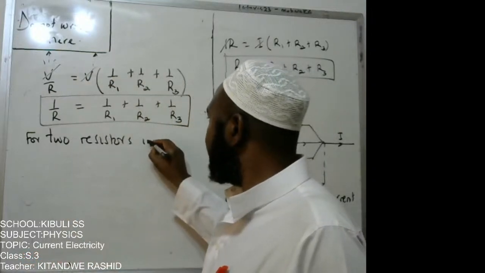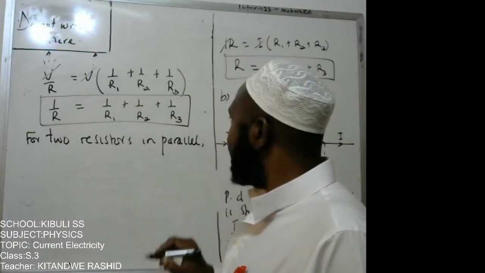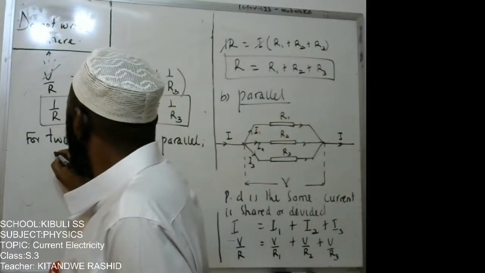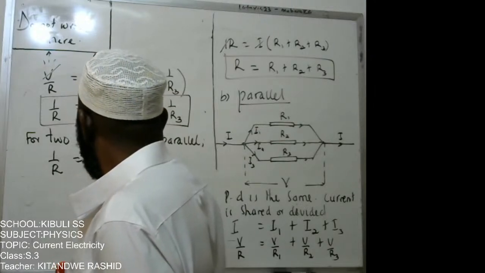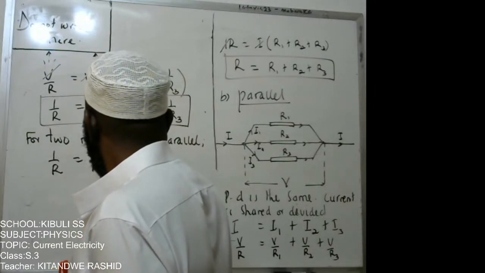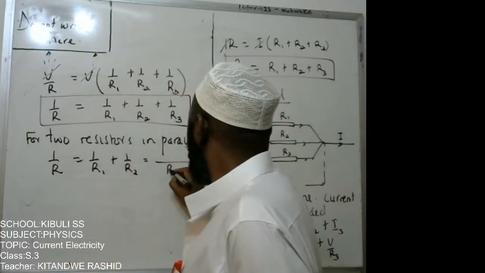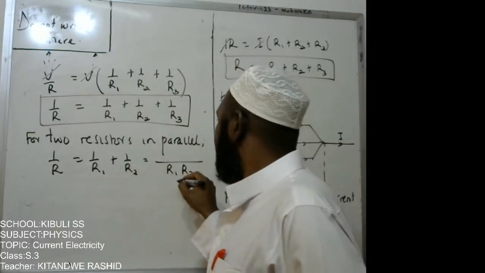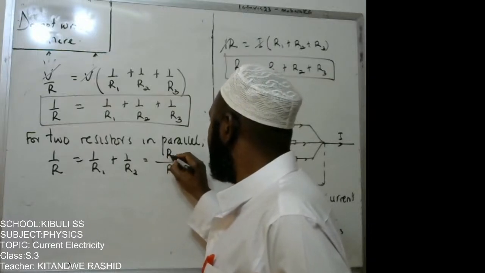For two resistors in parallel, we are realizing that 1 over R is equal to 1 over R1 plus 1 over R2. We get the LCM, R1 R2. This one divided by that, we get R2.